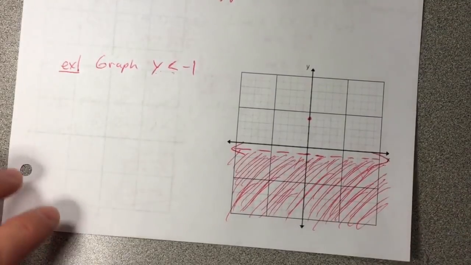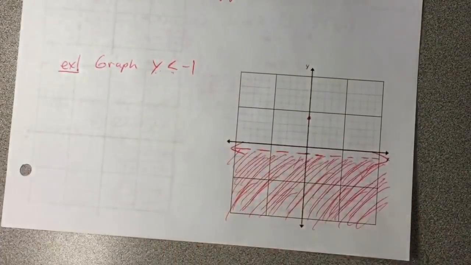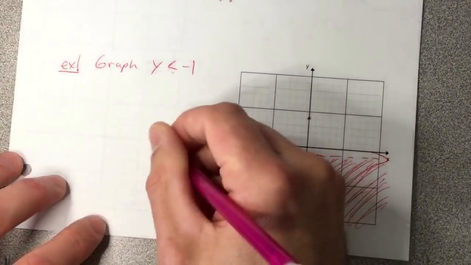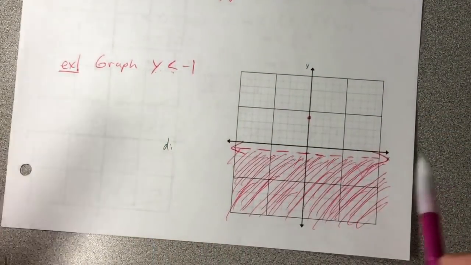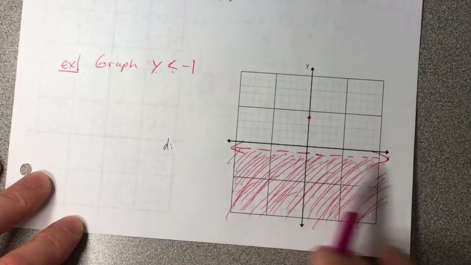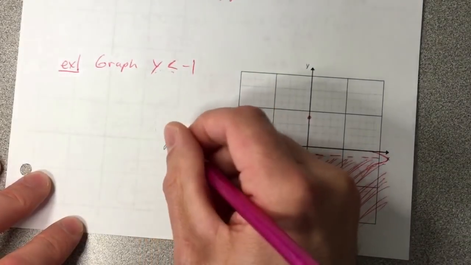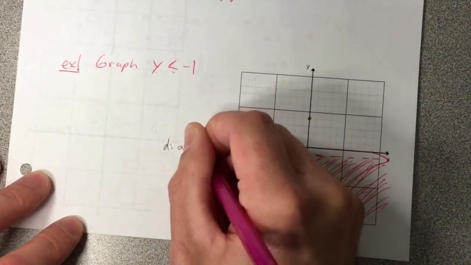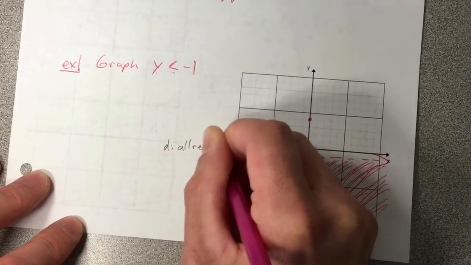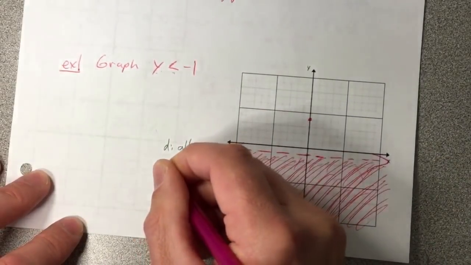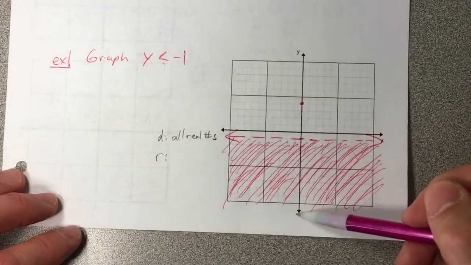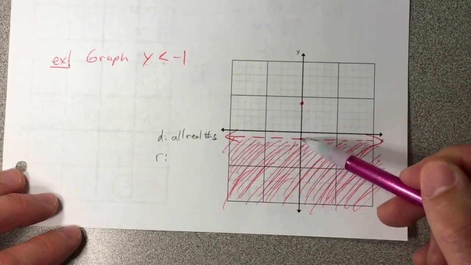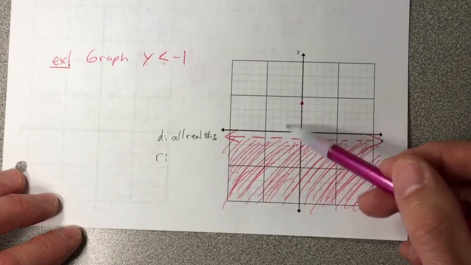Now, the domain and range are kind of cool here. The domain is our set of x values, and notice our x values go forever, left and right, so it's all real numbers. But our range is our set of y values, and notice our y values do not go above -1.